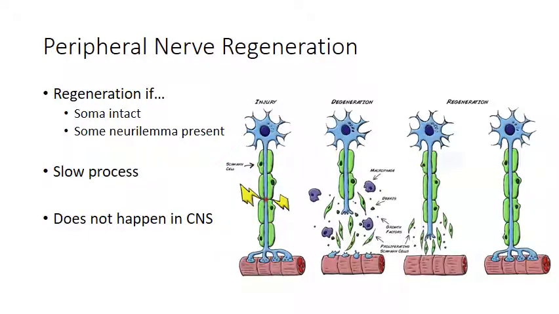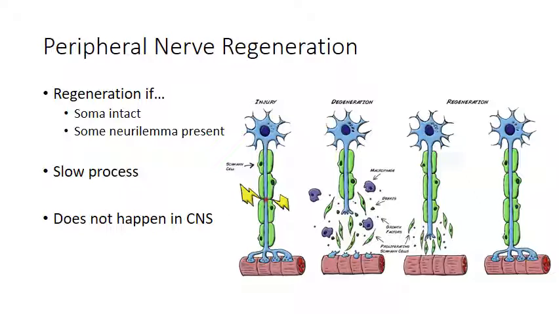Okay, so I was going to spend a little bit more time talking about nerve regeneration, but this lecture is running long, and I think of all the things that we need to know about the nervous system, this one is less important than others, so I'm going to keep it fairly simple here and wrap this mini lecture up. So in the peripheral nervous system, we can regenerate nerves to some extent. That is only true if that particular neuron still has a cell body that's intact, as well as some of the neurolemma of the Schwann cells, right?